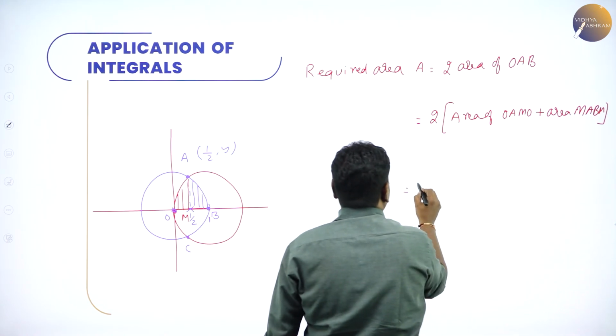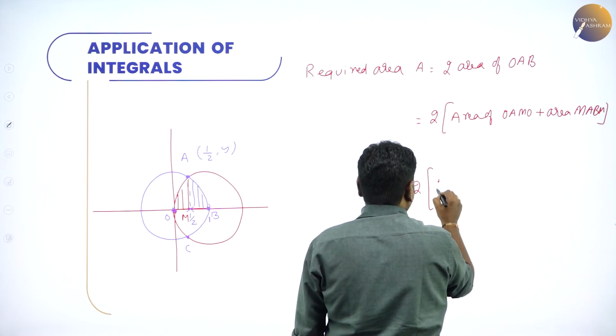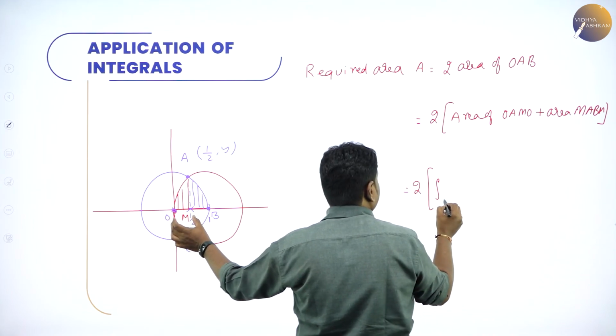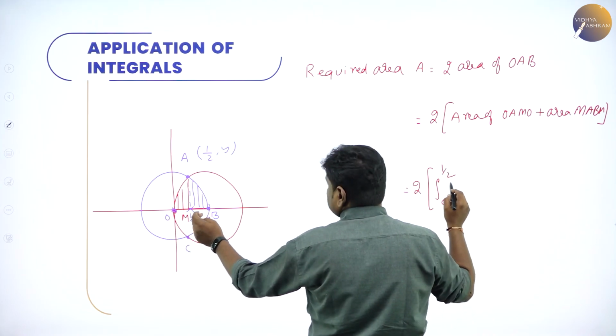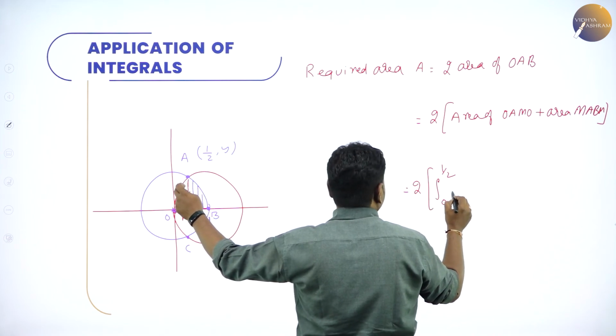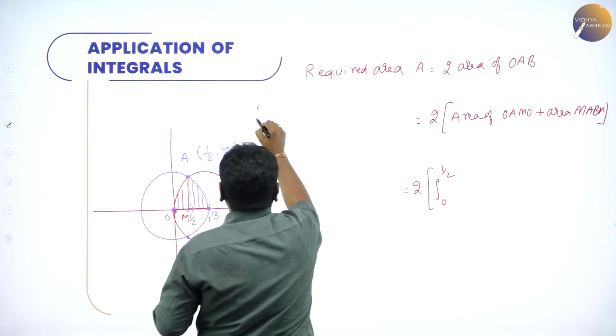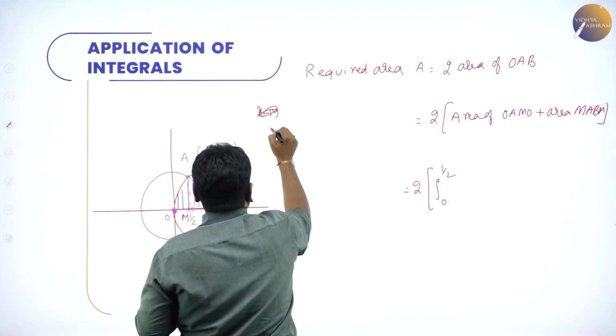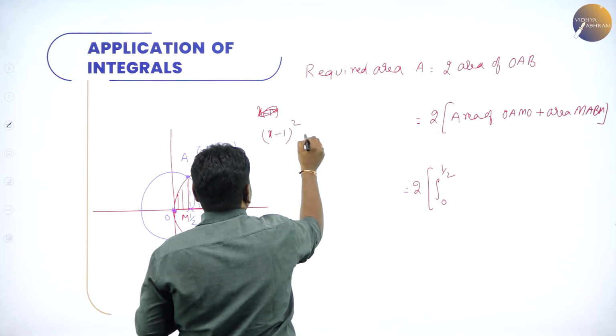So that is, one is the area of the first circle, integration from here to here, x varies from 0 to 1/2. This is the red circle, that is (x minus 1) whole square plus y square equal to 1.